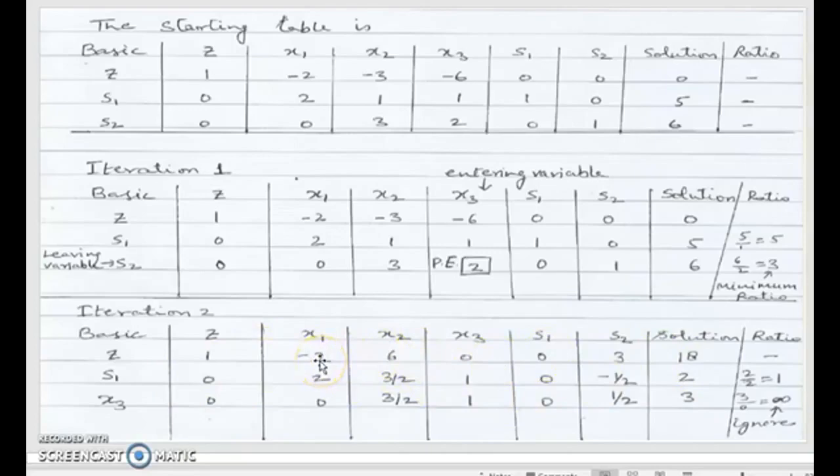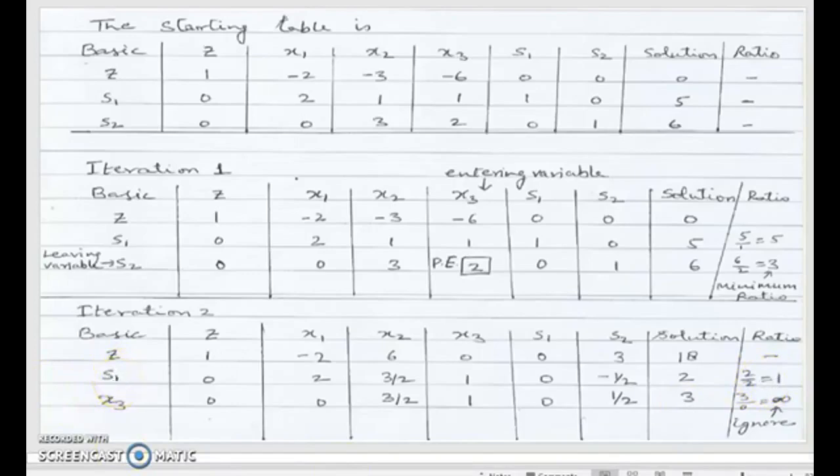Yes, minus 2 is the negative element, so x1 has become the entering variable, and this column is the pivot column. Now by writing the ratio, that is, we divide the solution elements by the pivot column elements, we get 1 and infinity. We ignore the infinity, and corresponding to 1 we get s1, so s1 is the leaving variable.